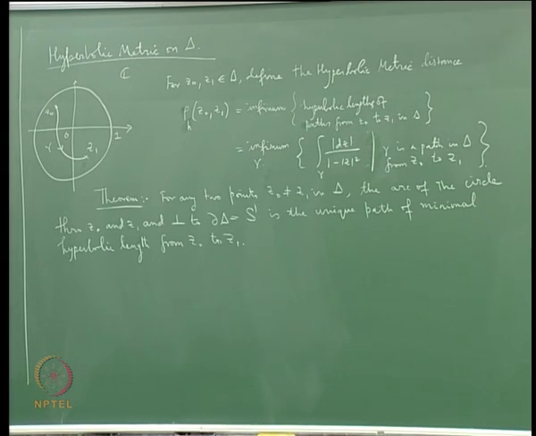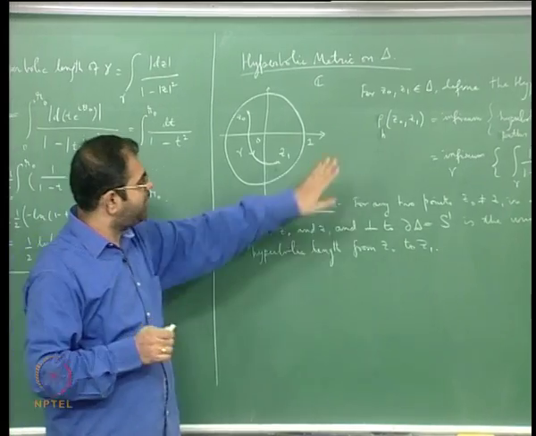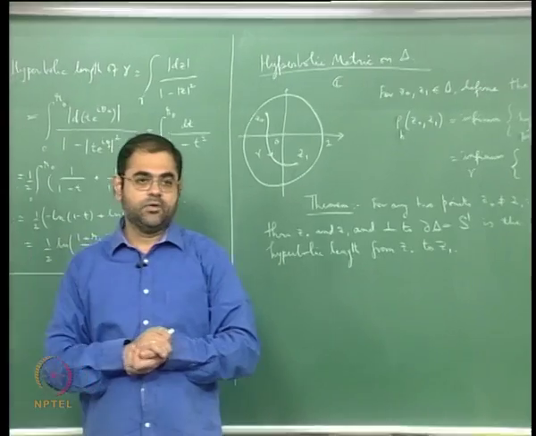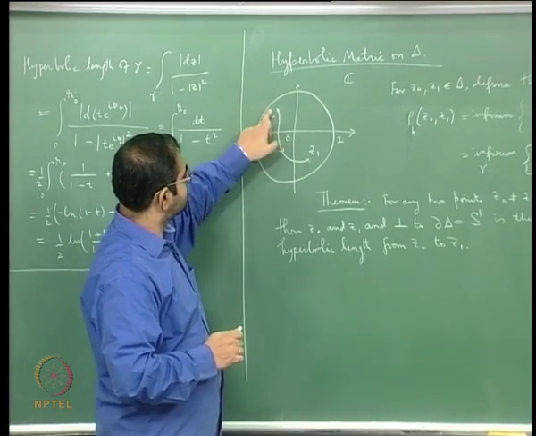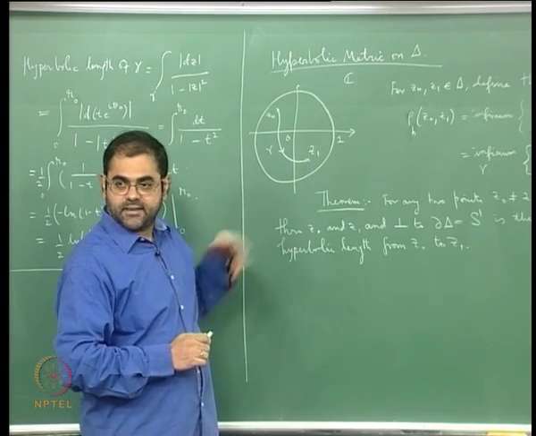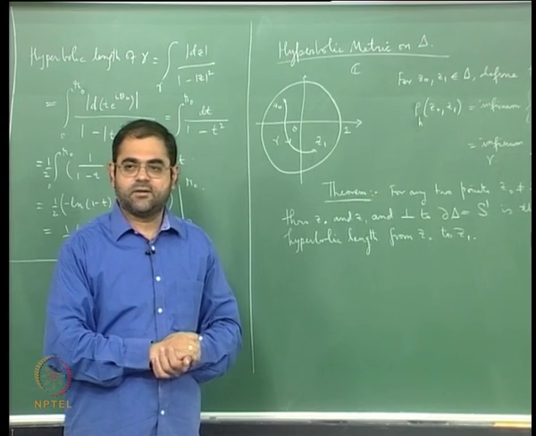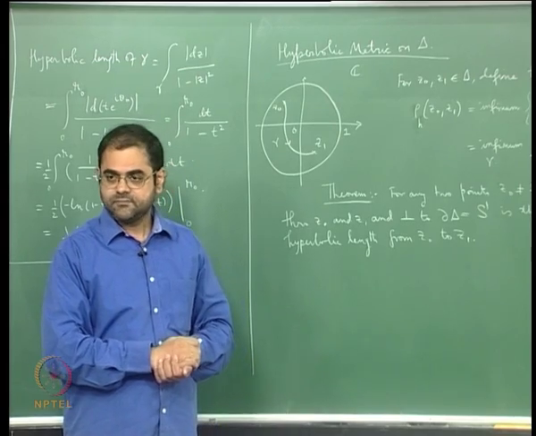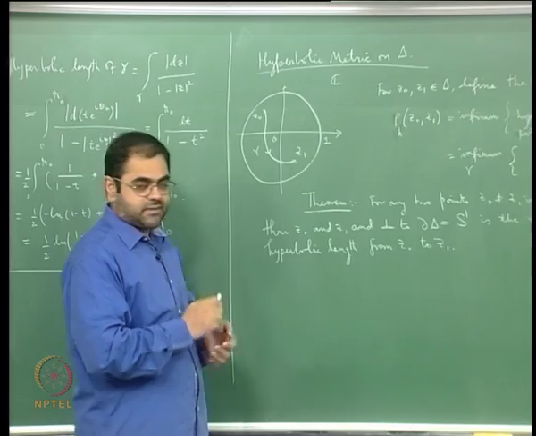So what is this hyperbolic distance? The hyperbolic distance is defined by some minimization. You are supposed to take all possible paths inside the unit disk from z0 to z1, measure their hyperbolic lengths and take the minimum, which is not a definition that will help you make calculations, because you have to find a minimum. But the theorem makes it clearer.